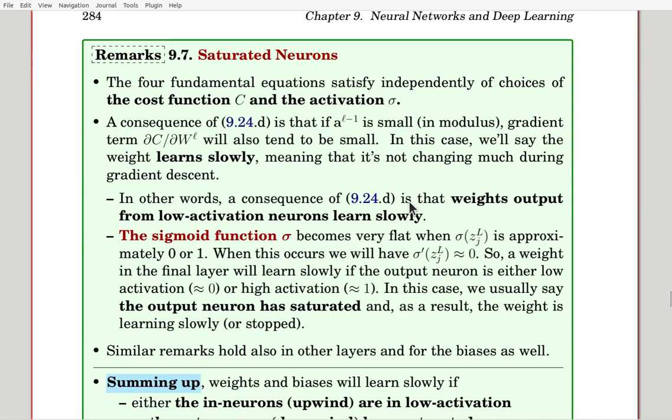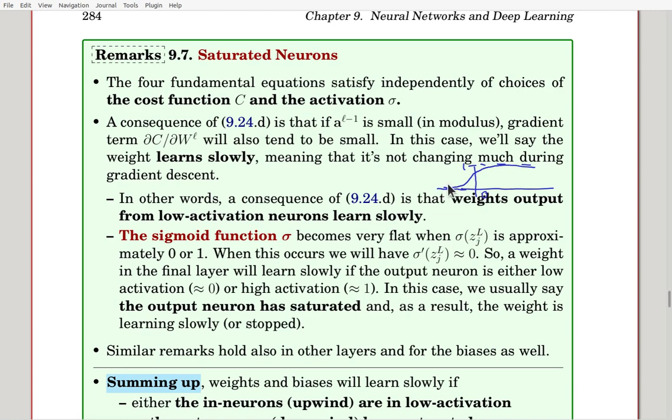Okay. Now here we see a remark. Once you are using, for example, the sigmoid function for activation, the shape of the sigmoid function has values between 0 and 1, the highest being 1 and the lowest 0.